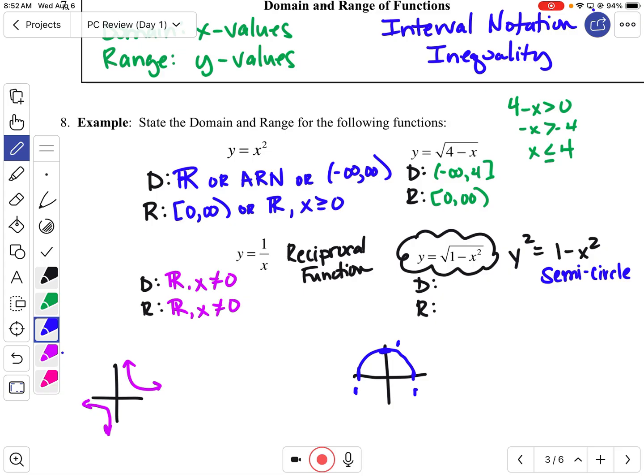So my domain, what are my x values going between? -1 and 1. Okay. What are my y values going between? 0 and 1. Okay. So semicircles have a finite domain and range. All right. Now, why is this important?